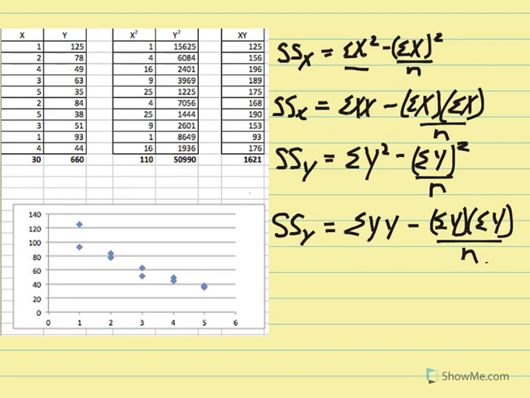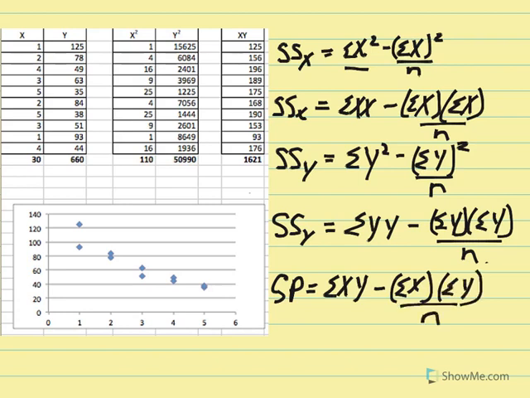And finally, that leads us into our new equation, the computational formula for SP. And that equation looks like this: the sum of X multiplied by Y minus the sum of X multiplied by the sum of Y over N. So again, notice the similarities here.